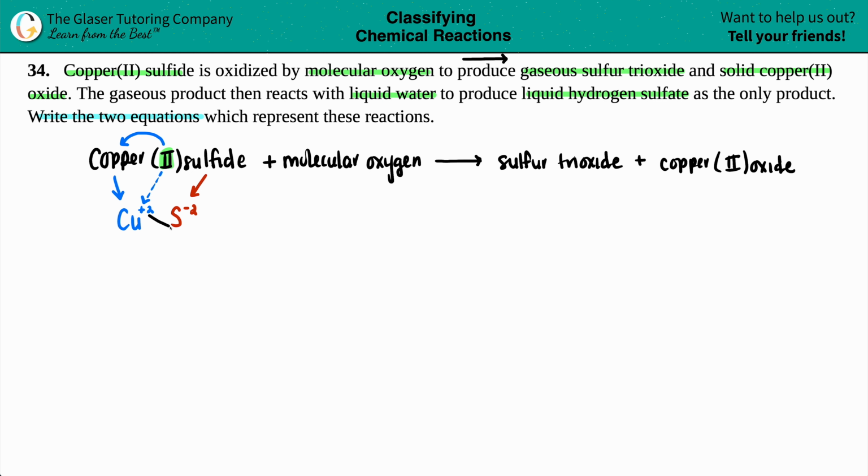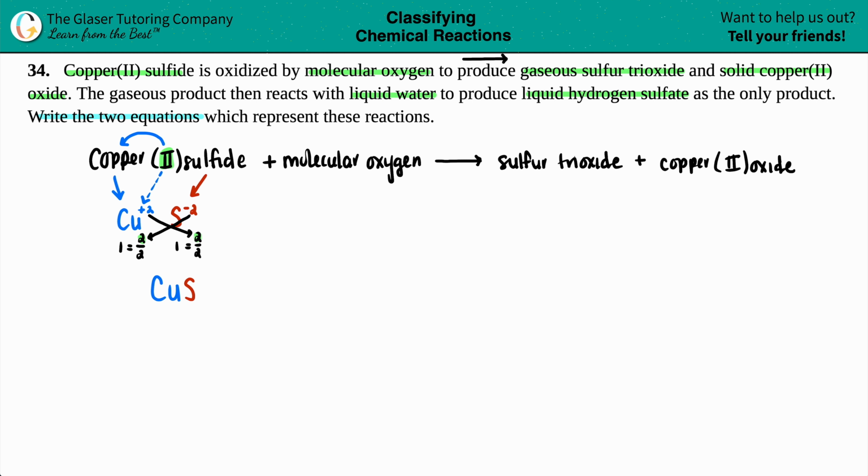Use those charges to crisscross down to tell you how many of each you need. They're both 2s, so that means I would need 2 coppers and 2 sulfurs, but for ionic compounds you have to simplify. I can divide each by 2 to get a simpler ratio, 1 and 1. And that is the compound for copper 2 sulfide. So I know that I have CuS.